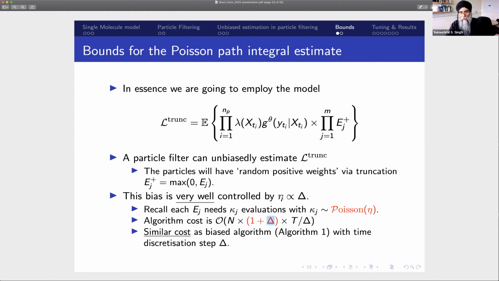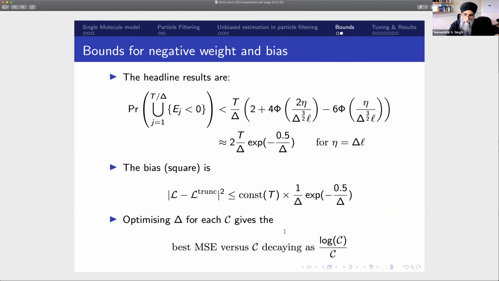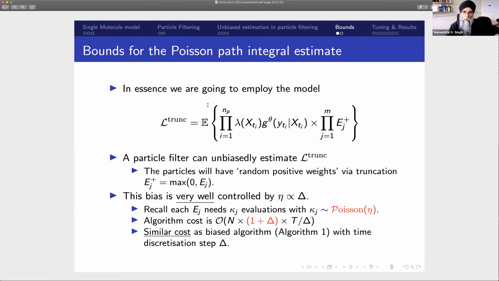It's just a term which is of order delta. So if you multiply through, it has effectively the same cost as the naive biased algorithm. So it doesn't blow up due to the Poisson estimate of the path integrals, because it has the same cost as algorithm 1 roughly.